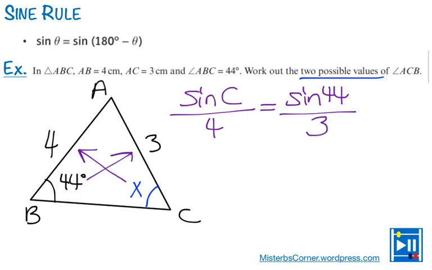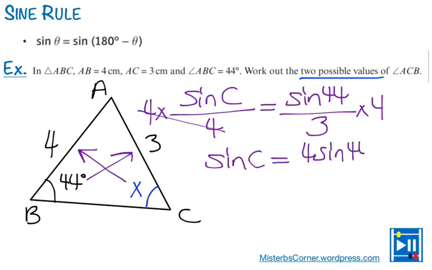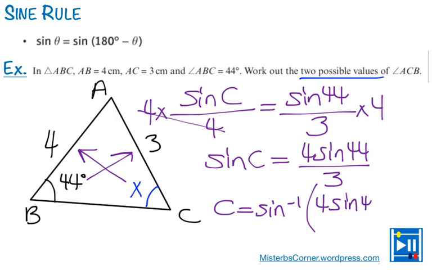Now, to leave sine of C alone, I will multiply both sides by 4. I'll cancel these out. Sine C will be 4 sine 44 degrees over 3. Hence, C equals sine inverse of 4 times sine 44 degrees over 3.